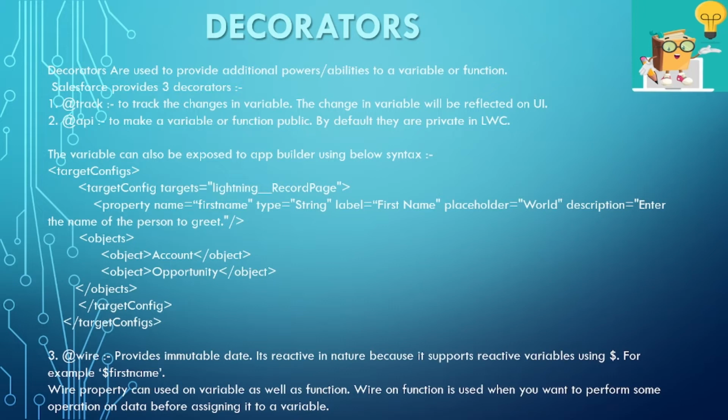One is @track. @track is used to track any changes happening in a JavaScript variable. By default, after Spring 20, all your primitive type variables, which are basically your strings or integers, are automatically reactive in nature. So you don't need to use @track there.